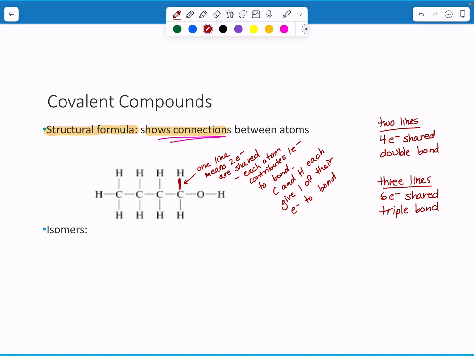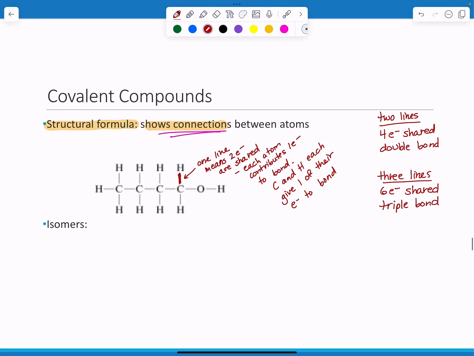Okay. All right, so this is the structural formula. It shows you which atoms are bonded to which. Okay, and this is an example of an alcohol compound because it has this OH here.